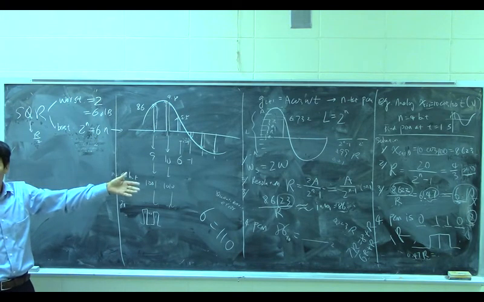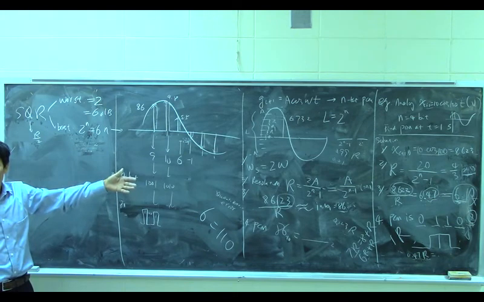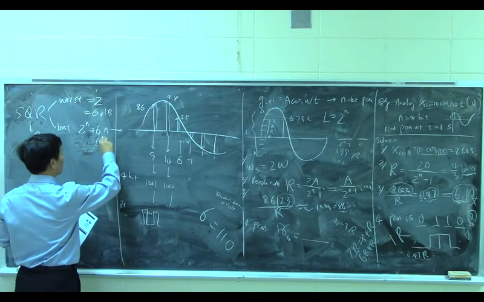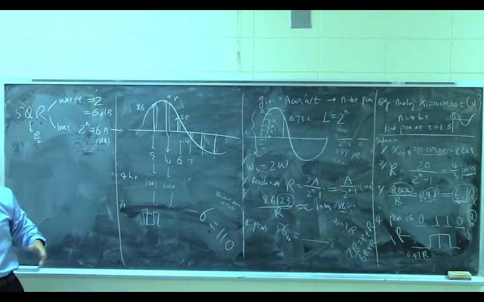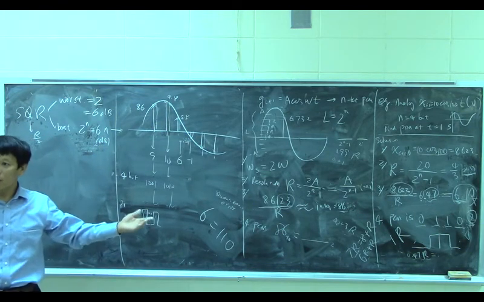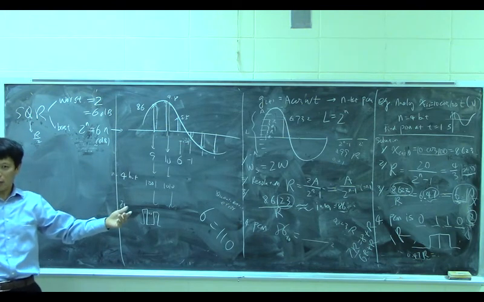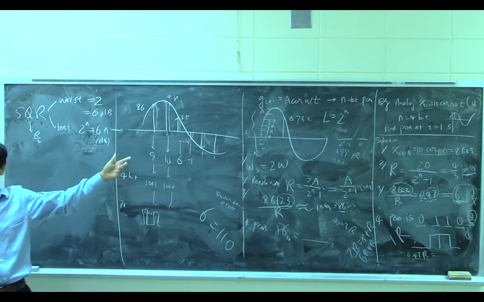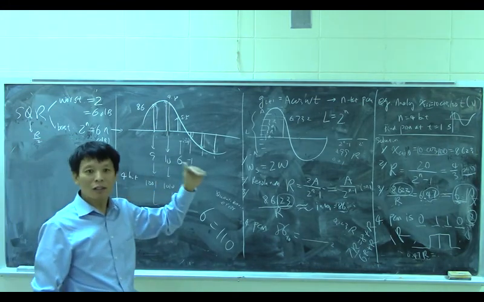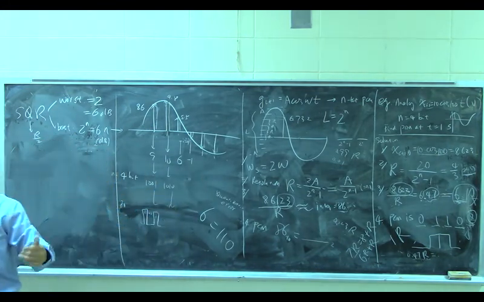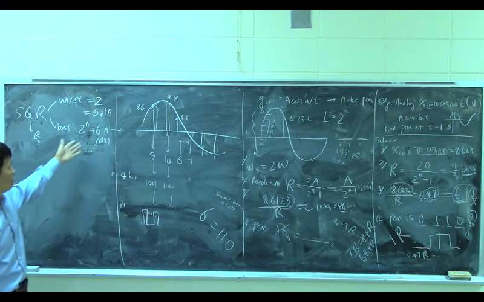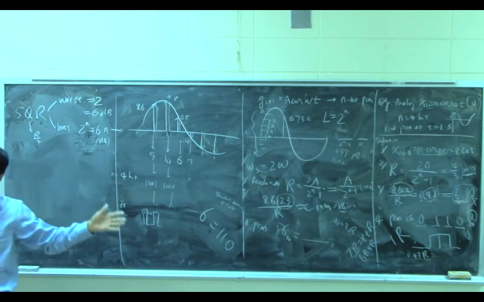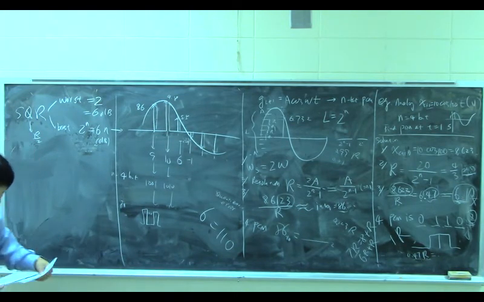What is it in dB? 24. How difficult is that? N equals 4, so it's 24 dB. That means the maximum signal divided by the maximum quantization error, which equals half R, equals 15 or something, equals 24 dB in this case. Okay?